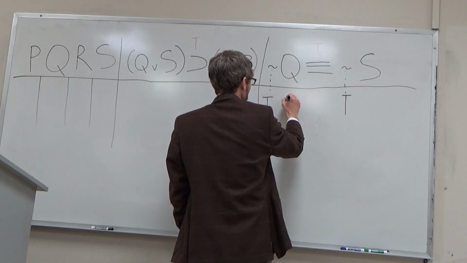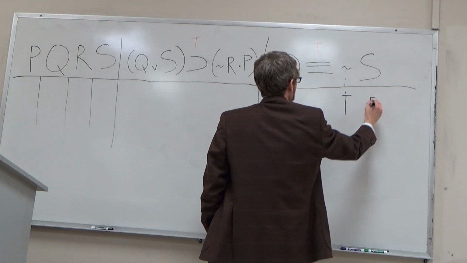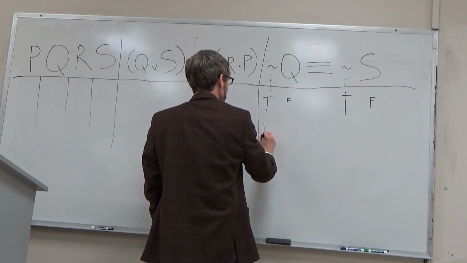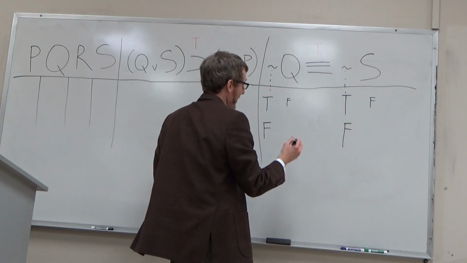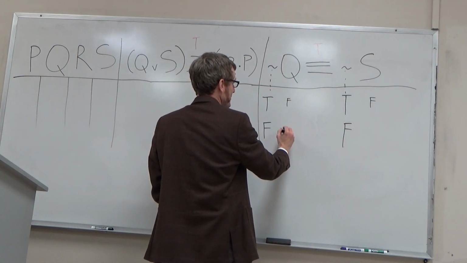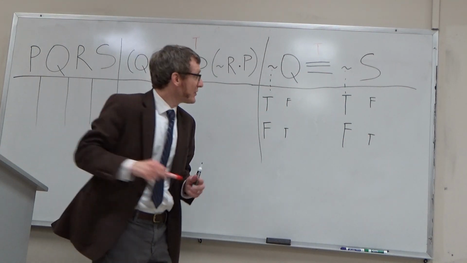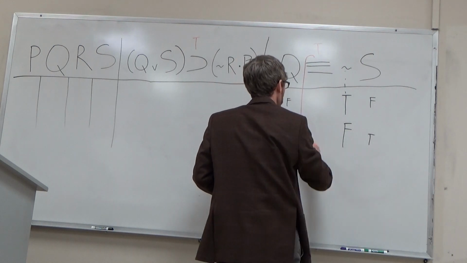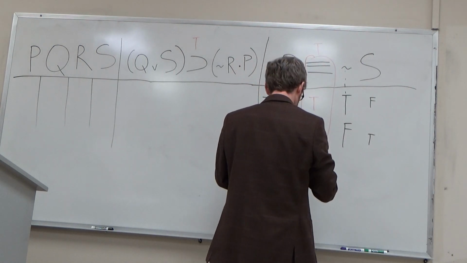And that means that Q itself is false, and S itself is false. And then the other line is they'll both be false. That is that the negations will both be false, which means that the letters themselves will be true. Either one of those will make our main operator triple bar turn out true.